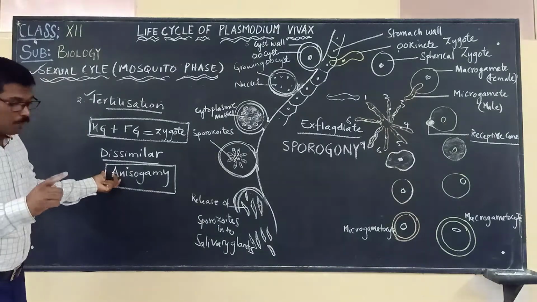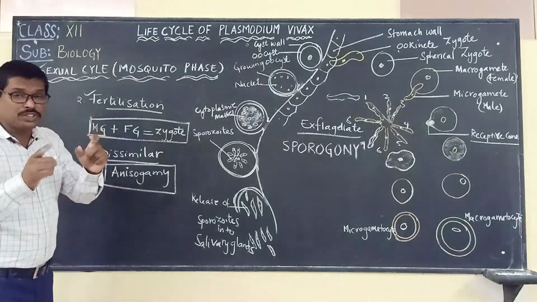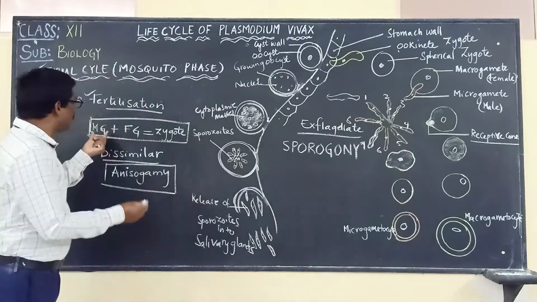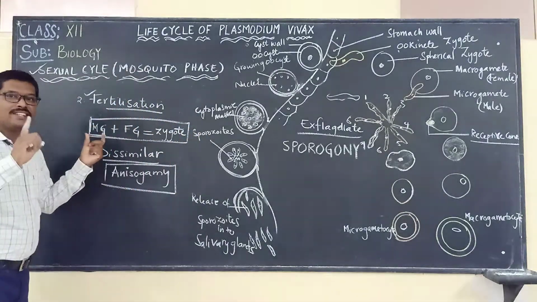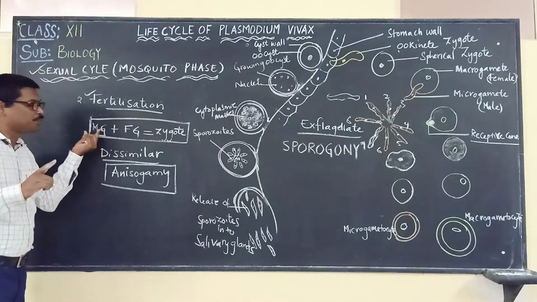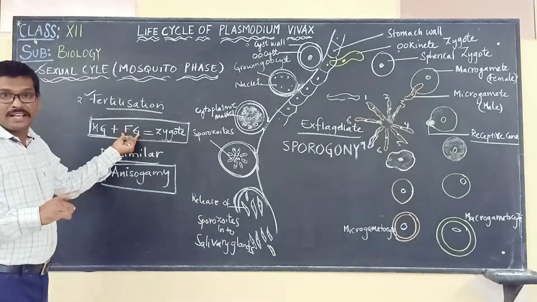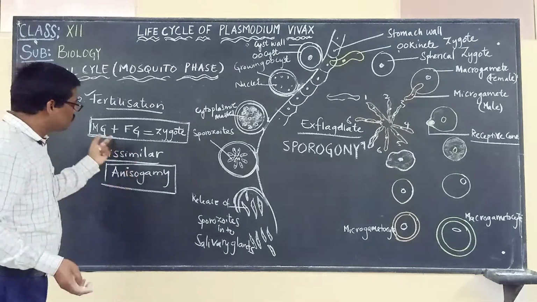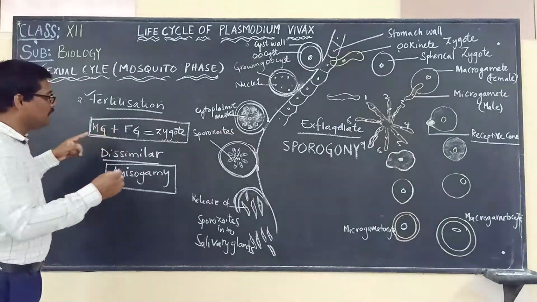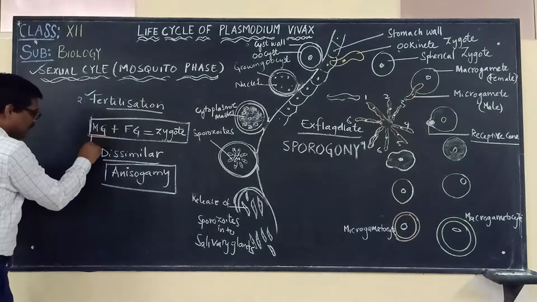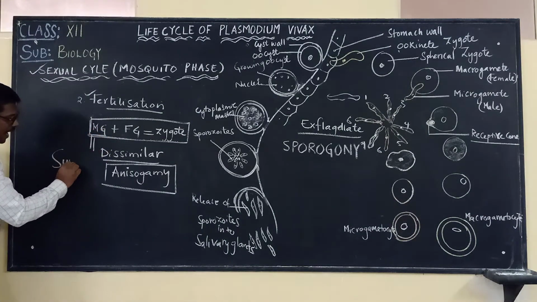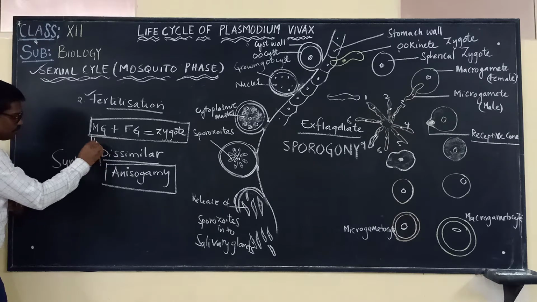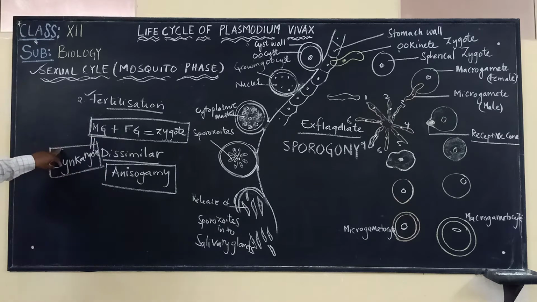Here we are seeing the fusion of the pronucleus and cytoplasm of two cells, the male gamete and the female gamete, the pronucleus fusing along with its cytoplasm. So this is also called synkaryon.